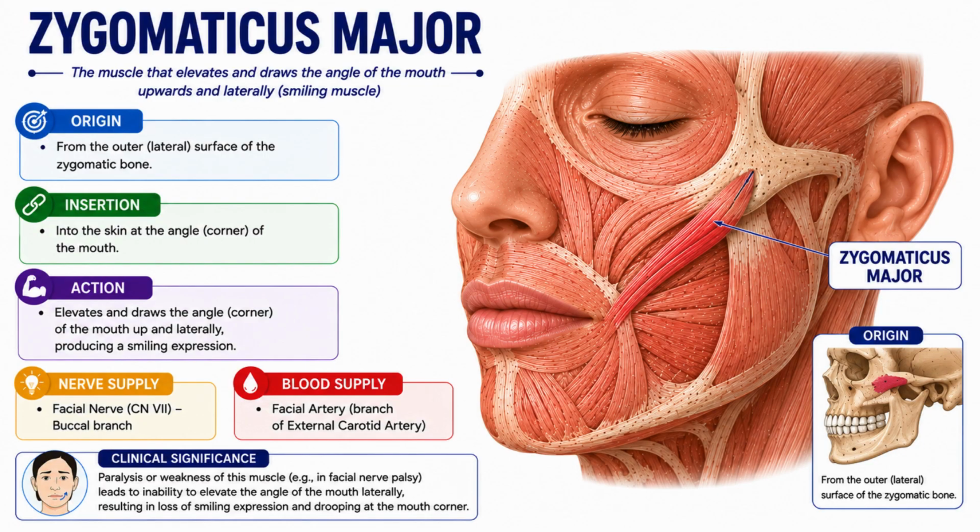Its main action is that it elevates and draws the angle of the mouth up and laterally, producing the smiling expression. We already saw one of the smiling muscles, right? Levator anguli oris. Like that, it also elevates and draws the angle of the mouth and produces a smiling expression.